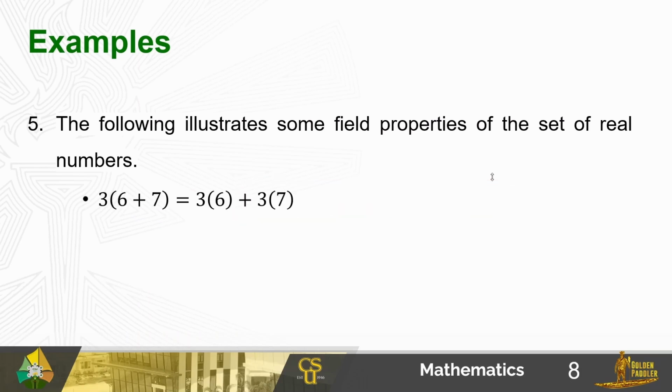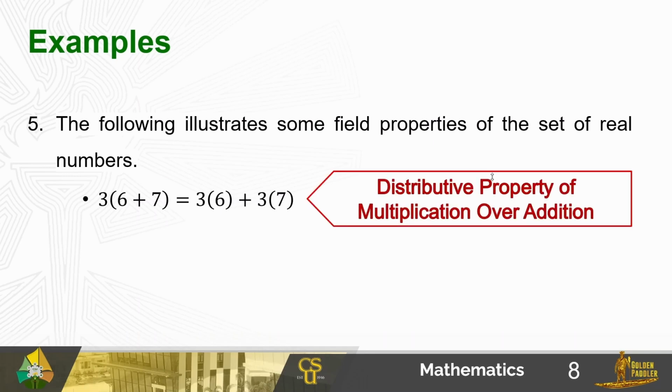Now, how about if you have 3 times 6 plus 7 and that is equal to 3 times 6 plus 3 times 7? Again, what field property illustrates this? Okay, the answer is the distributive property of multiplication over addition.